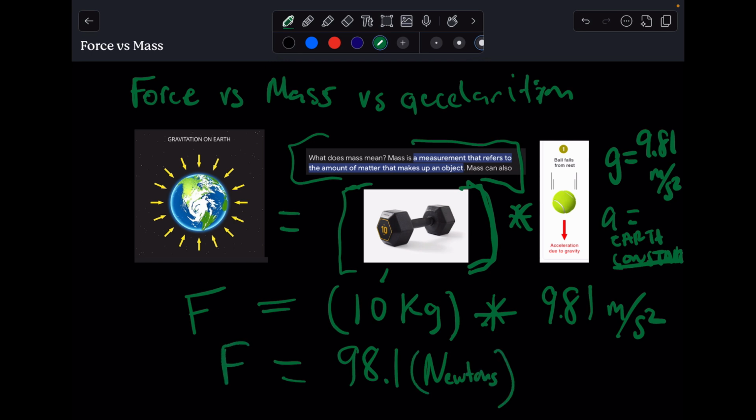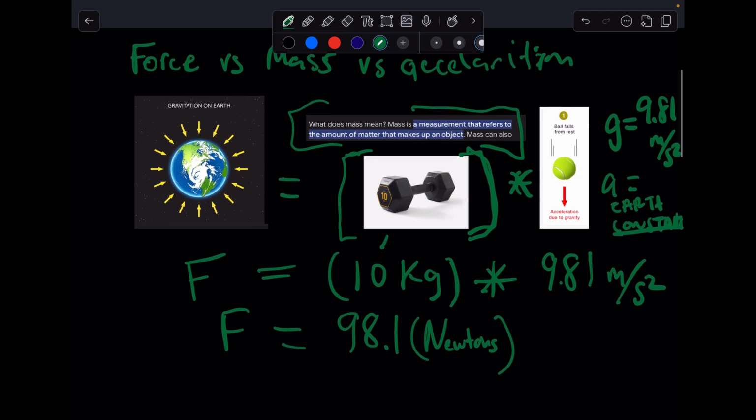So this is basically the force on Earth created due to the gravitational pull of the Earth, acting on this mass. That's basically what this means. It's pretty simple. But let me know in the comments if you guys have any questions.